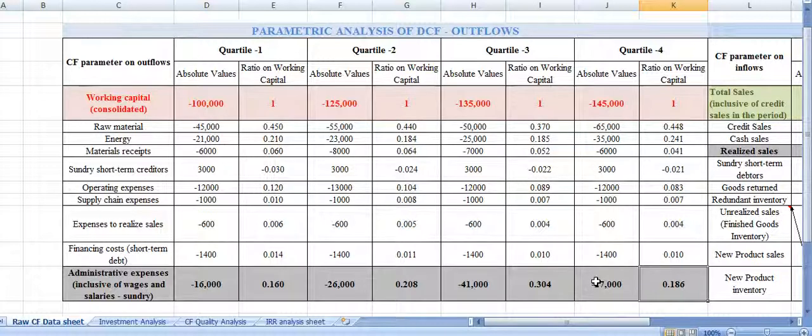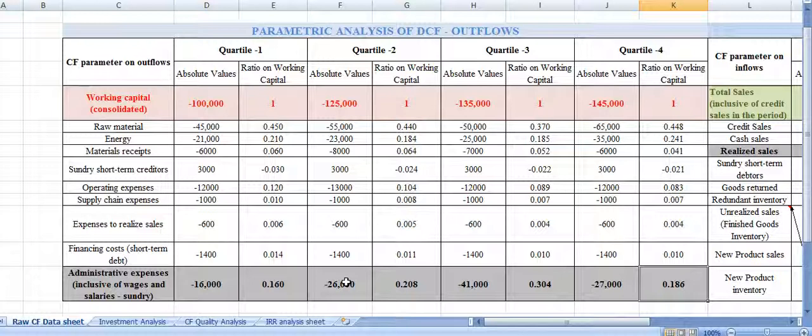So when you're looking at the outflows and the discounted cash flow method, you really need to have focus on managing the administrative expenses to a larger level of consistency, and will require strategic management to come in over here.